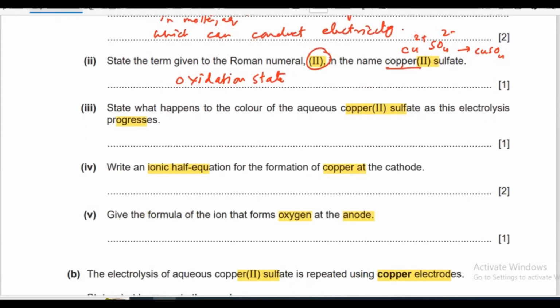State what happens to the color of the aqueous copper(II) sulfate as the electrolysis progresses. If you are doing the electrolysis of copper(II) sulfate using two types of electrode, inert electrodes and copper electrodes, then with inert electrodes the blue color fades to colorless, and if you are using copper electrodes, it remains blue because copper ions are restored by dissolving copper.